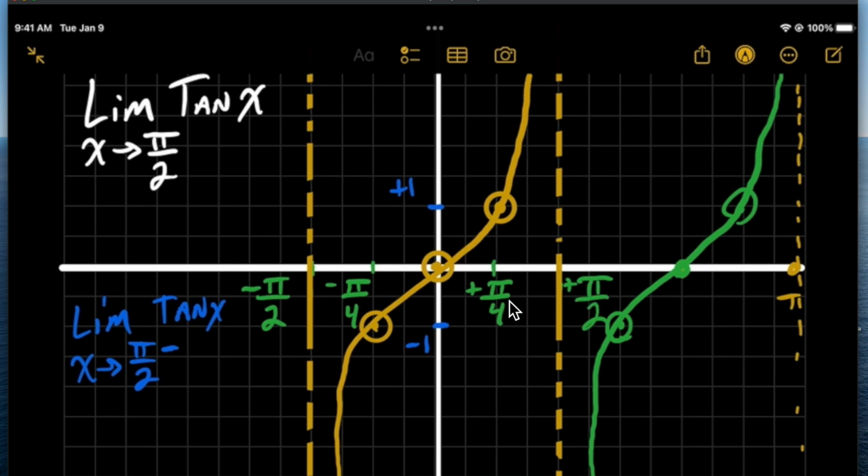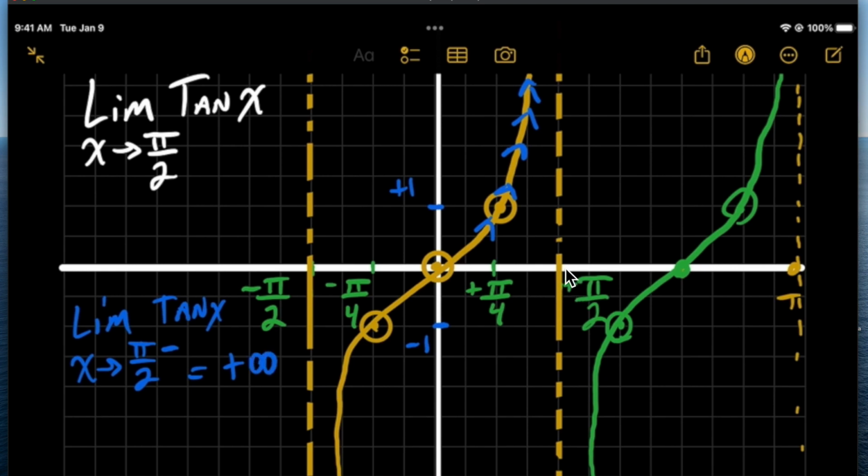Okay, so here we are at pi over 2 radians. We're from the left, so I'm going to put my mouse right here and I'm going to keep going, and we could see clearly that we are approaching positive infinity.